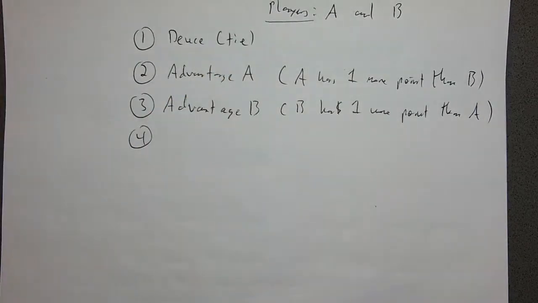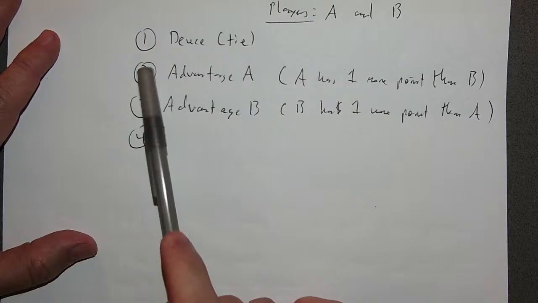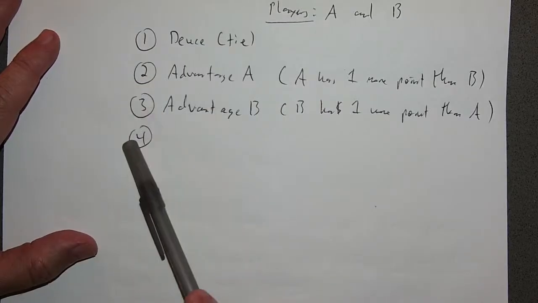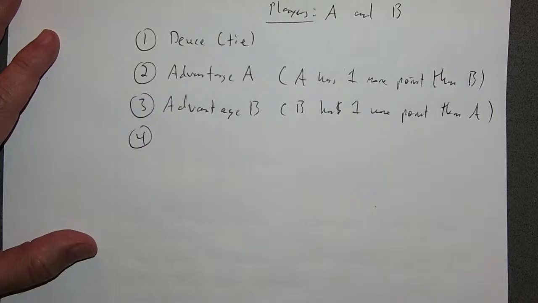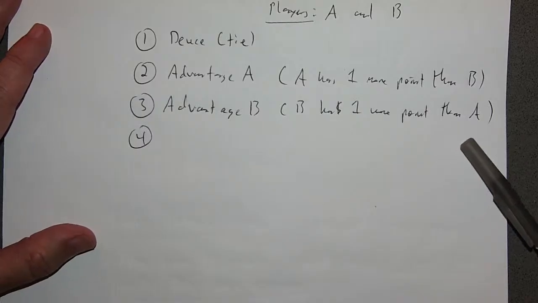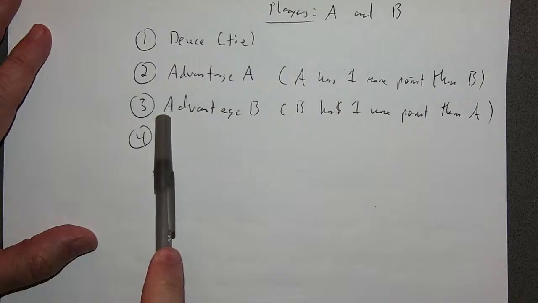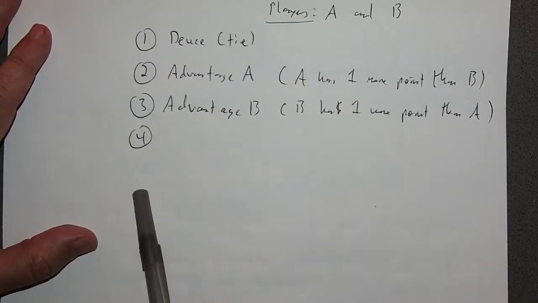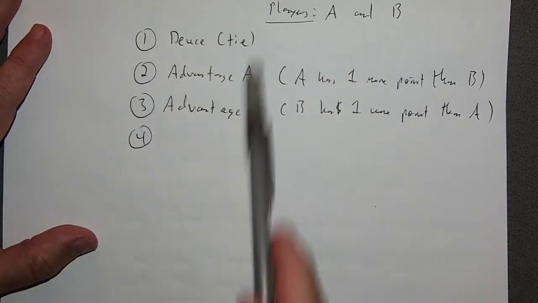Of course, from State 2, A could score again, in which case A wins, because now A has 2 more points than B, so that's it. A has won. In State 3, B could score again, which means that B wins. In State 2, if B scores, now we're back to State 1. We're back to a tie.